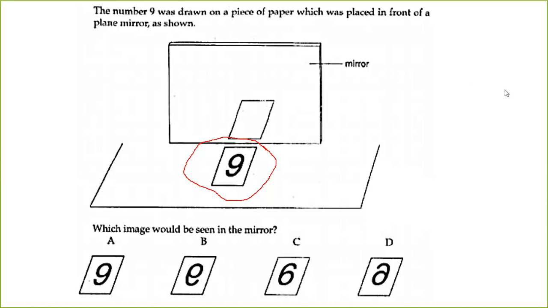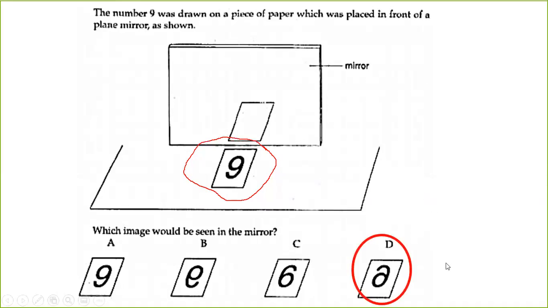I'm going to tell you what you should have seen. You did it correctly. All right. So if you said D, then you're absolutely correct.